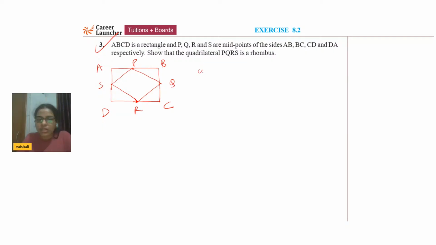So let's do one thing. Let's do this one construction. Not exactly a construction वैसे तो, but we are trying to join the diagonals, which is AC and BD. So if I'm joining these 2 points, this is what we are getting, है ना? And what if these diagonals are intersecting at O?